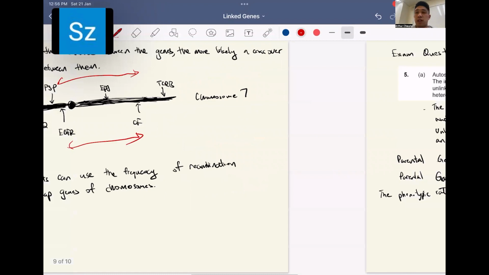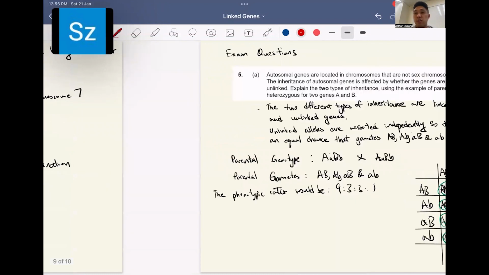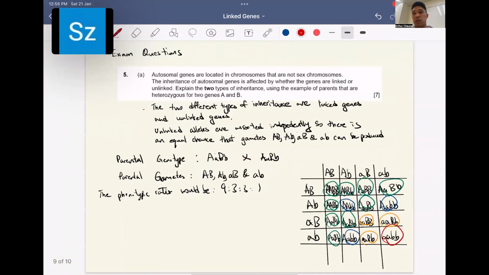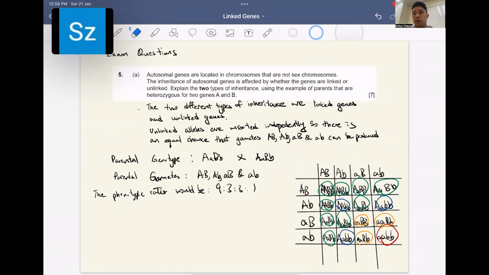Okay, for an example question, let's have a look at this one. Autosomal genes are located in the chromosomes that are not sex chromosomes. The inheritance of autosomal genes is affected by whether the genes are linked or unlinked.